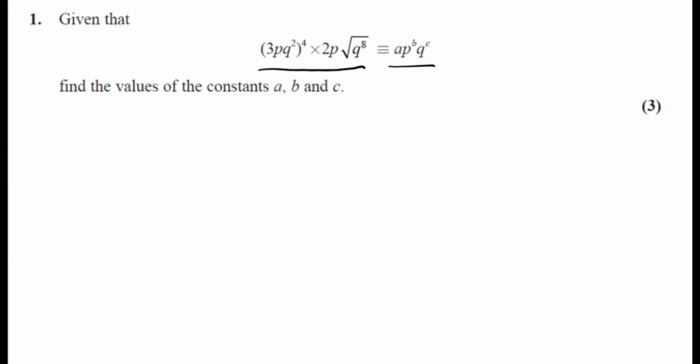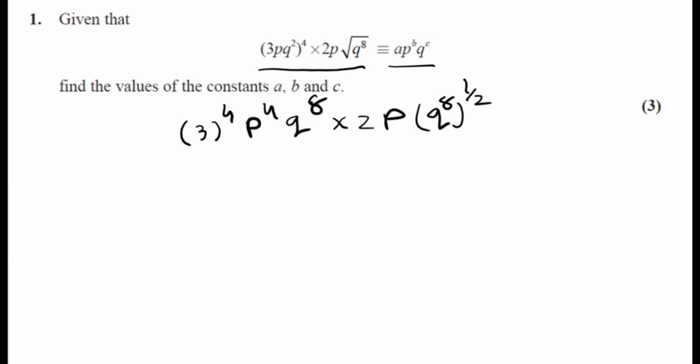Let's see. As you can see, 4 is a common power. So we can write 3 power 4, P power 4, Q power 8, 4 times 2 is 8, times 2P for Q power 8, and the whole power half because the square root is there. 3 power 4 times 2 will give you 162. P power 4 plus 1, there is no power but always 1 is there and it's a multiplication.